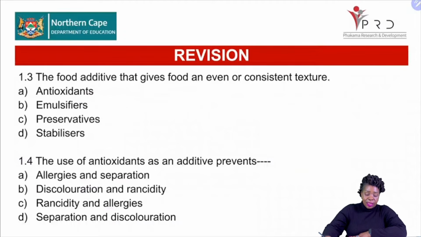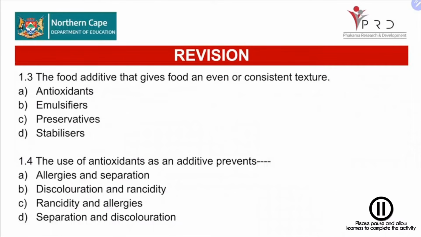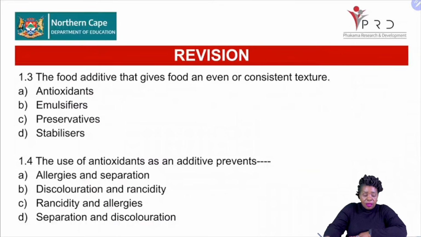And 1.4 says the use of antioxidants as an additive prevents A. Allergies and separation, B. Discoloration and rancidity, C. Rancidity and allergies, and D. Separation and discoloration. Right, we will answer 1.3 and 1.4. Right, let's move on.